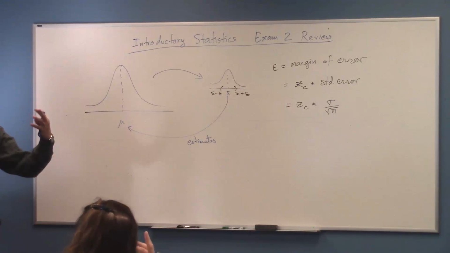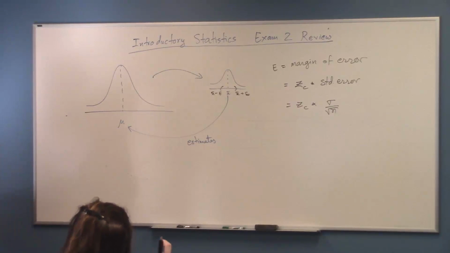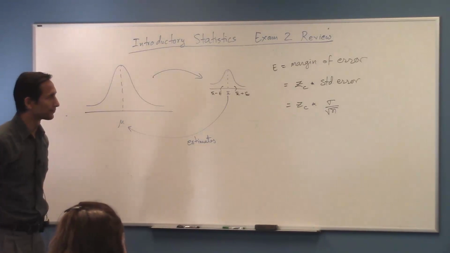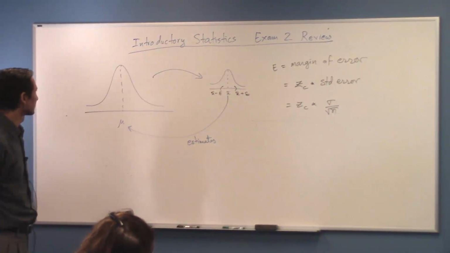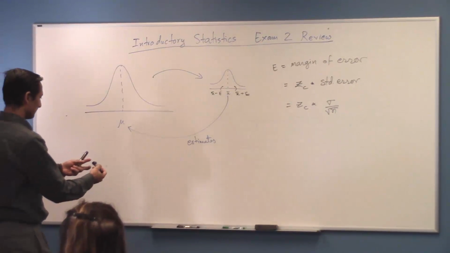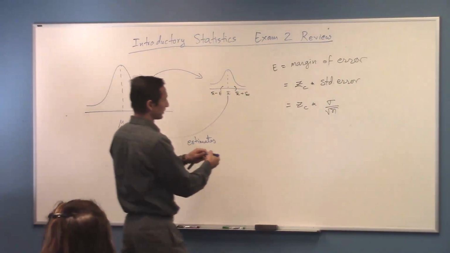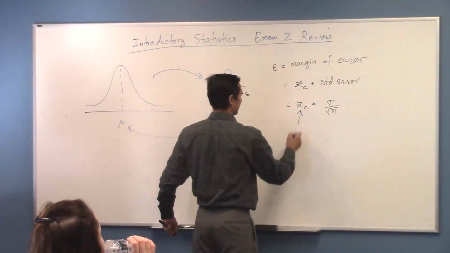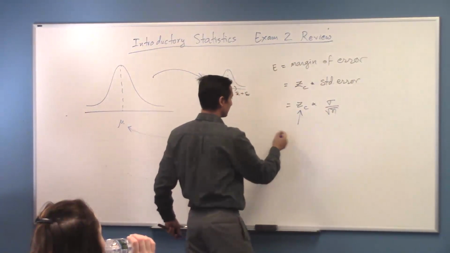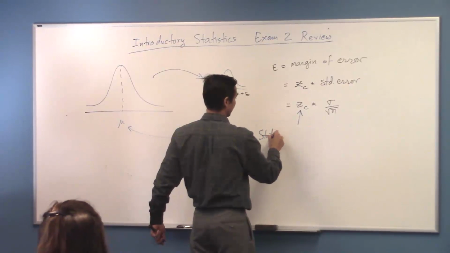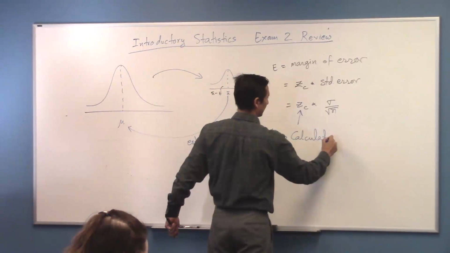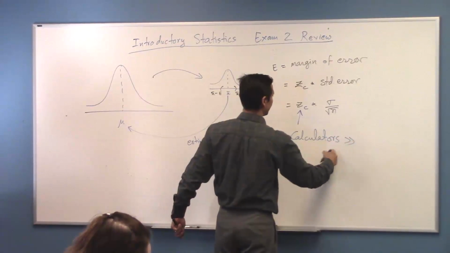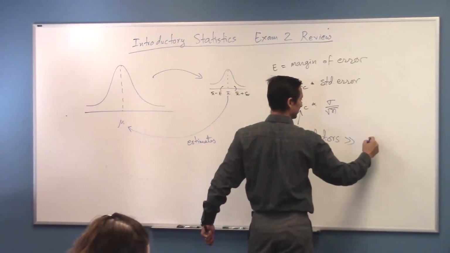So for most computations of confidence intervals on this test, you can find the critical value just like last time, using stat calculators and then distribution, right?